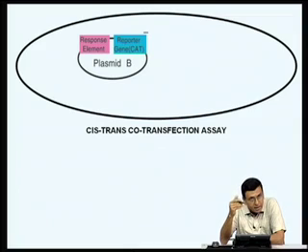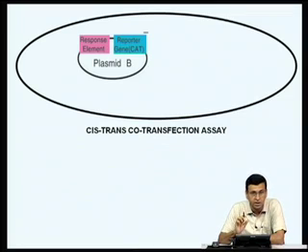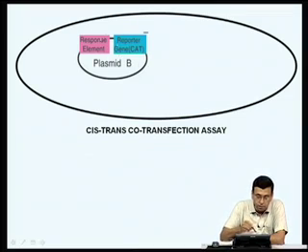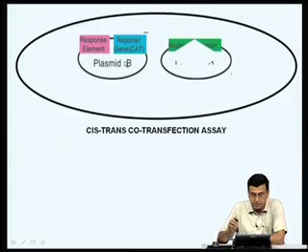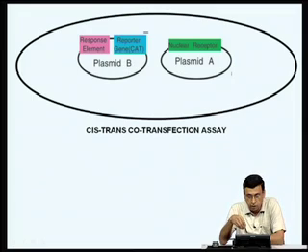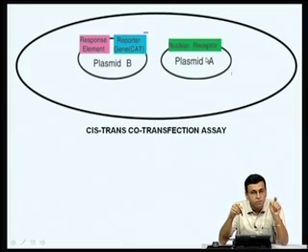So, you link these response elements with a minimal promoter which only consists of binding sites for RNA polymerase II and general transcription factors, and put them in front of reporter genes. Then you express another plasmid, which I call plasmid B, in which the nuclear receptor cDNA is cloned in front of a ubiquitous promoter.